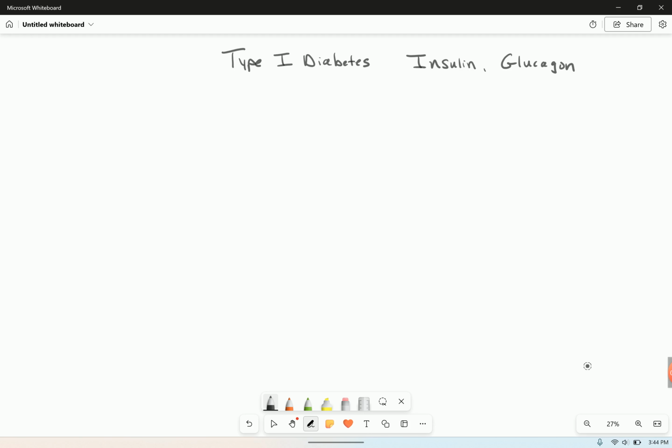Let's look at type 1 diabetes, insulin, and glucagon and what role they play. So, type 1 diabetes is beta cell destruction in the pancreas.